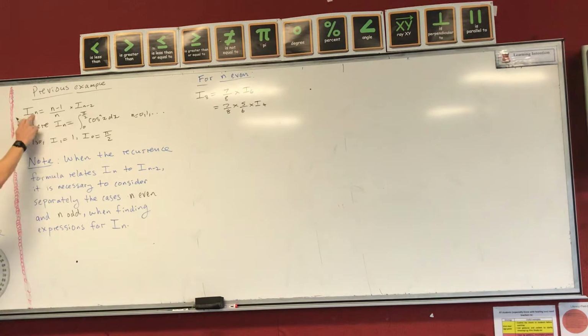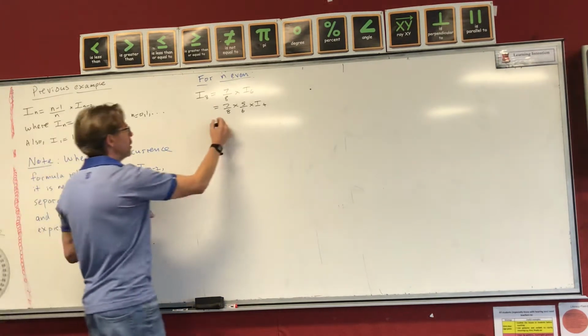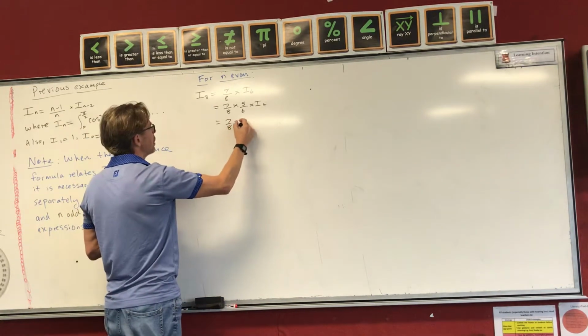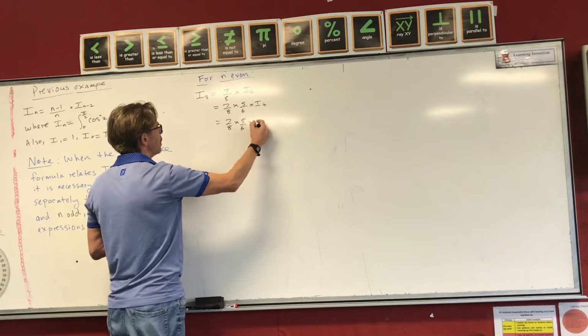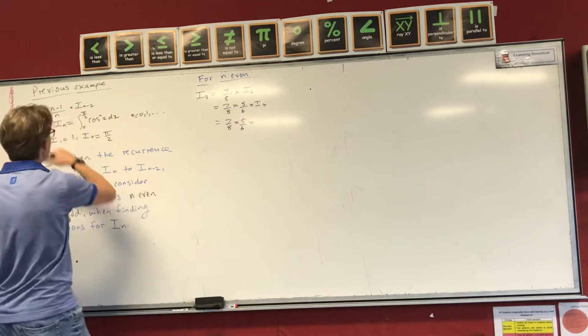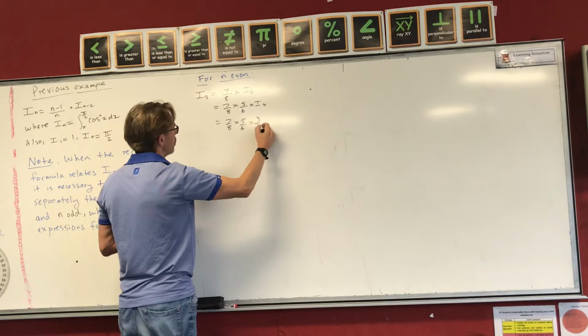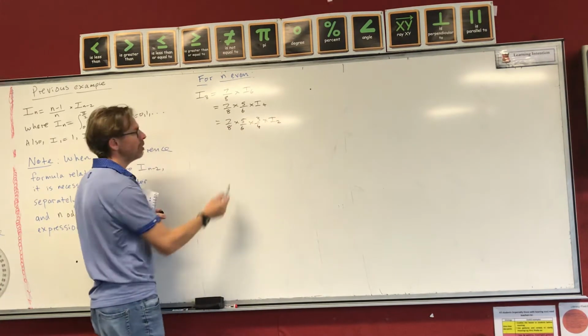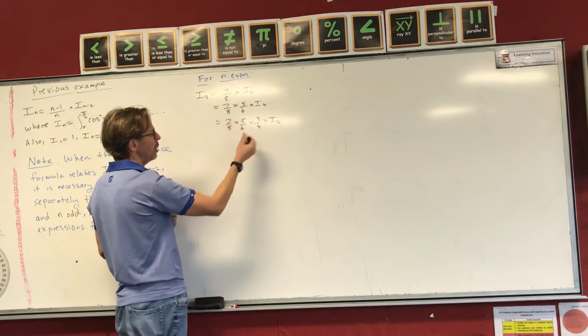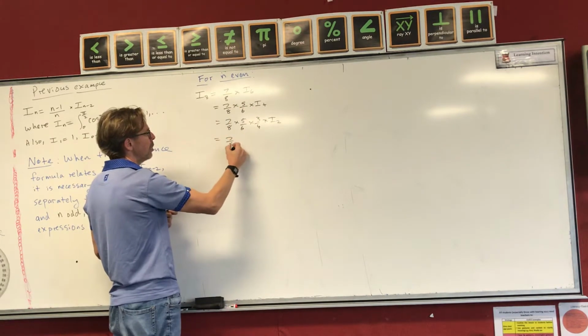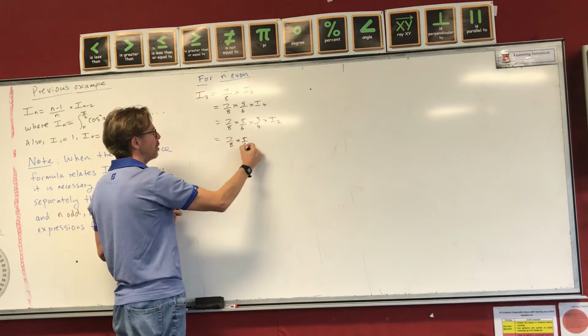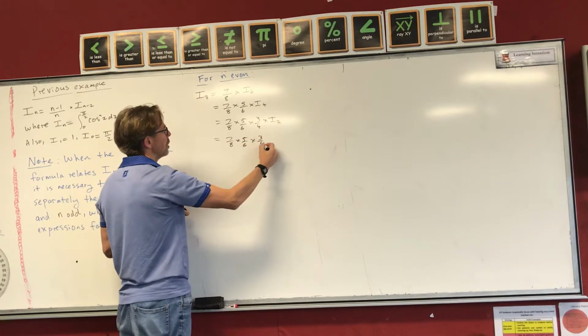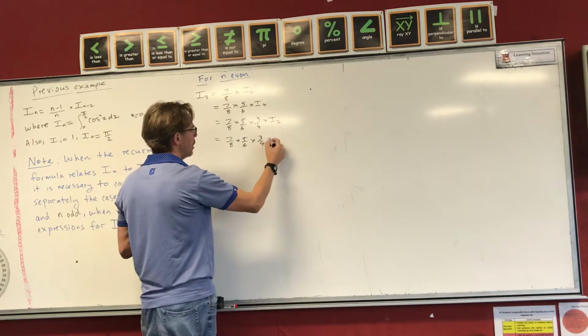Okay, now what's I4? Put 4 in there. I4 will be 3 quarters times I2. Right, so you can see the pattern, stepping down by 2, so without thinking too much about the formula, you can see what's happening here.